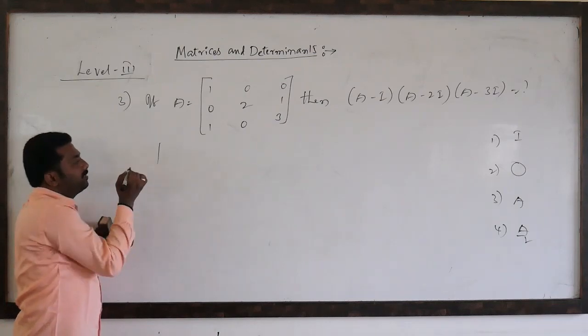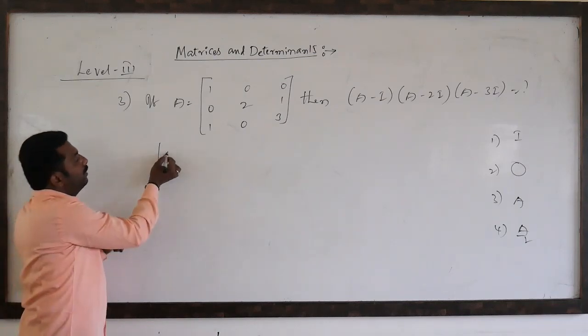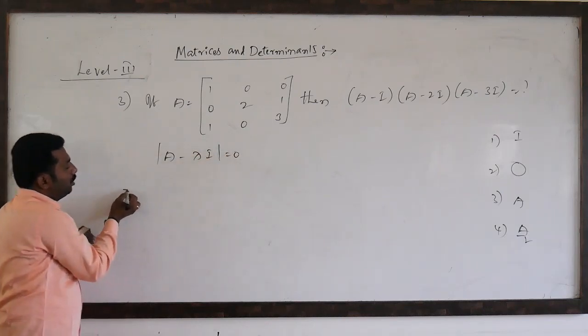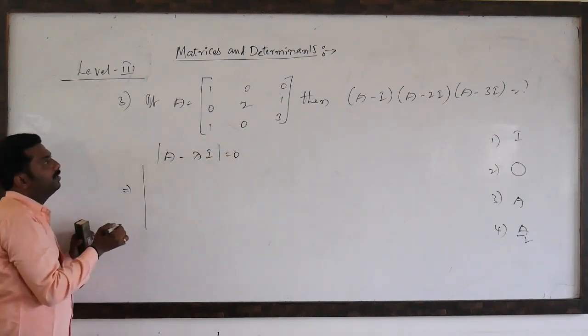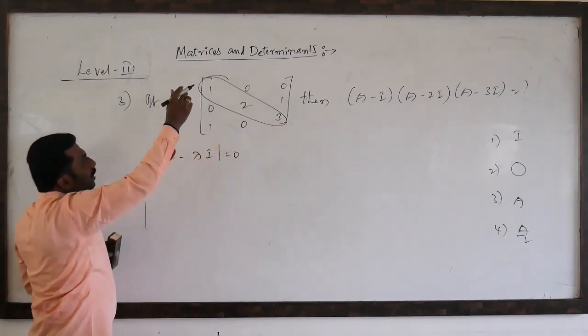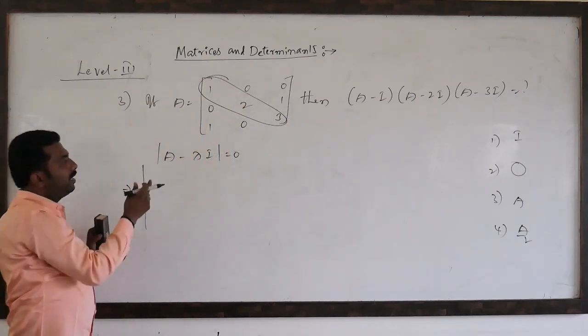So Cayley-Hamilton's theorem means the characteristic equation determinant of A minus lambda I equal to 0. So how to write the characteristic equation? Wherever the principal diagonal elements are there, that element minus lambda we have to write.